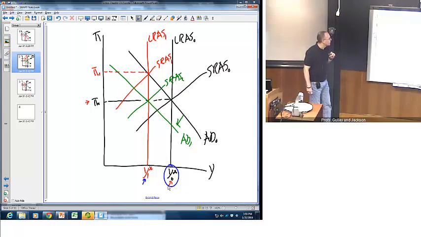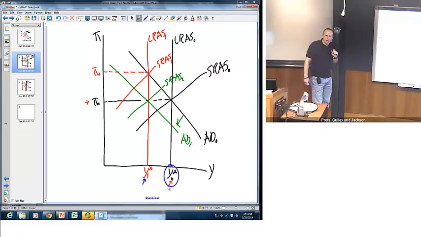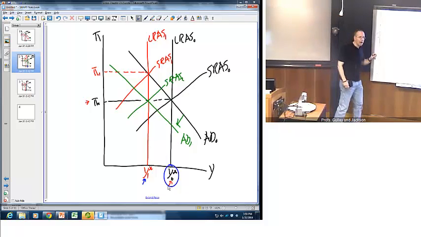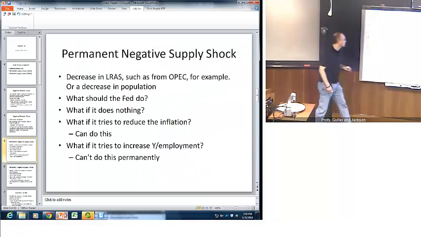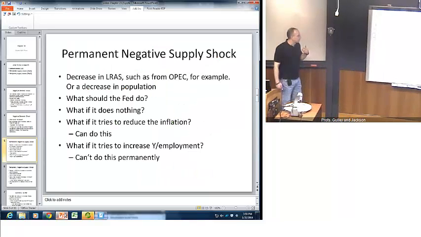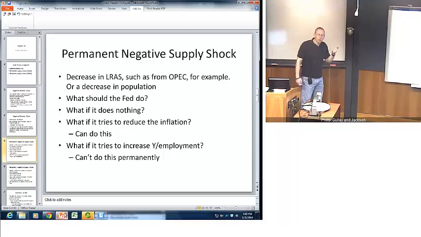It can, however, do something about the relatively high inflation rate by pursuing the appropriate policy. So the Fed's actions are somewhat more limited here. Again, the point is we can no longer permanently increase output and employment, but we can deal with inflation. That's our bottom line takeaway here.